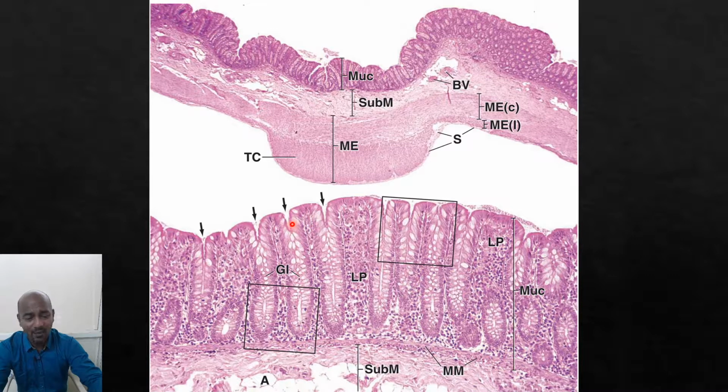And as you go from the colon towards the rectum, the proportion of goblet cells to the absorptive cells goes on increasing, meaning the goblet cells become more and more, and they may reach a 1:1 ratio by the time you reach the rectum. As the digested food and undigested food, whatever is remaining in the colon, gets pushed down towards the rectum, it becomes increasingly harder, because what is the main function of the colon?